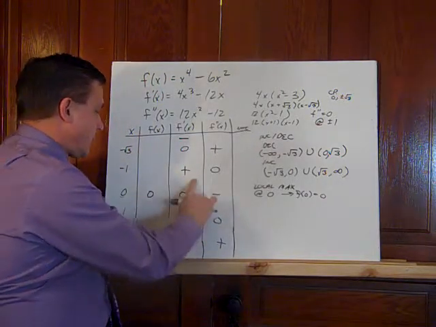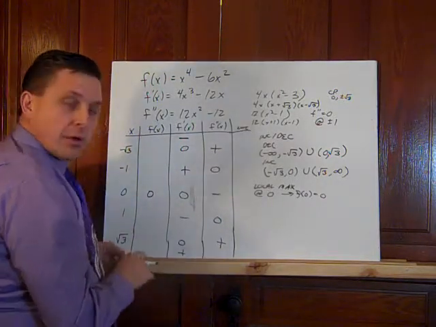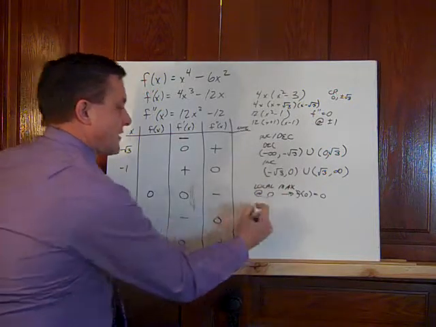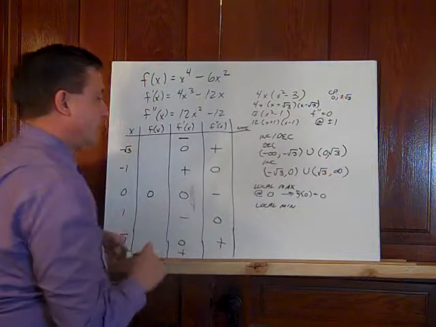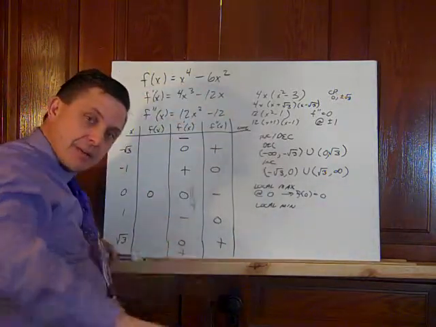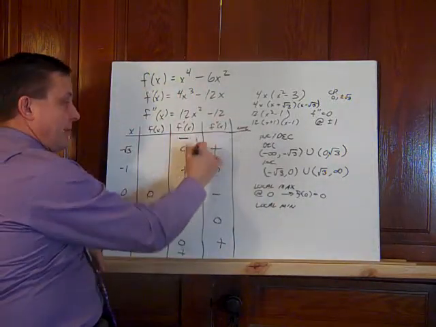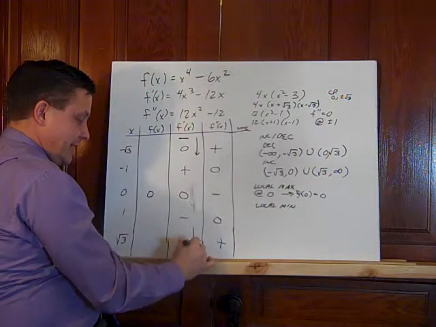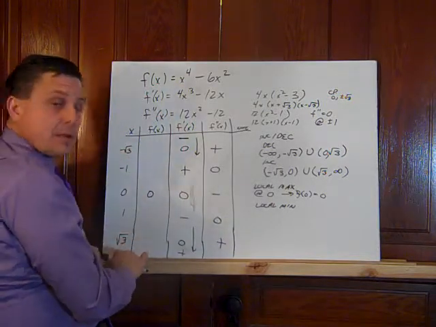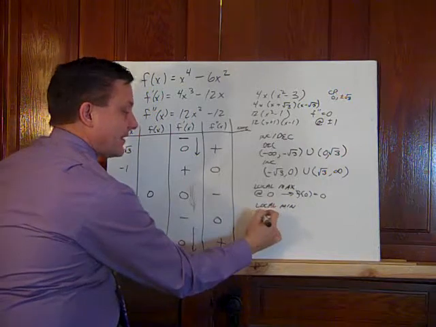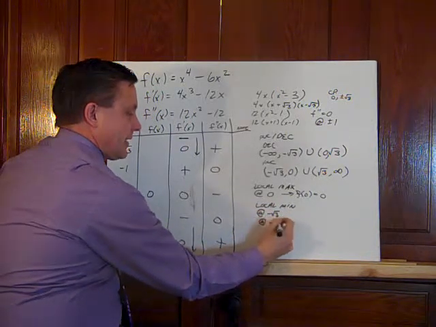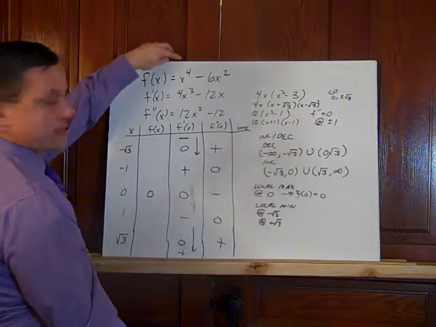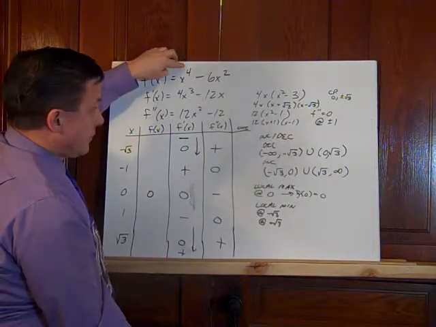The first derivative rule for local mins says, we'll go back to the second derivative rule in a second, local mins go from negative to positive. It goes negative to positive here and here, at negative square root of 3 and positive square root of 3. So it has local mins at negative square root of 3, the x value, and the value here is found by plugging that value up here.